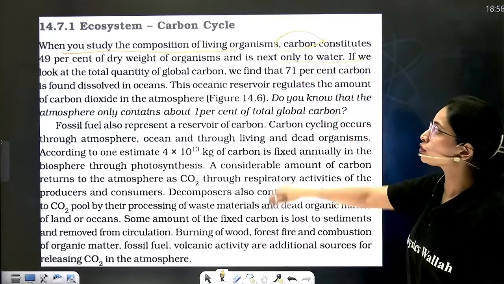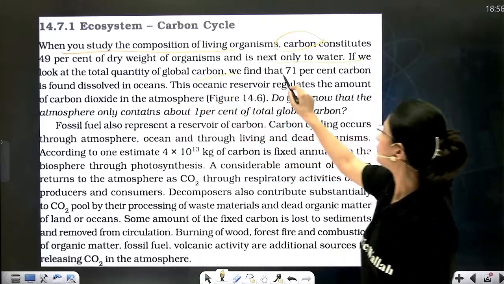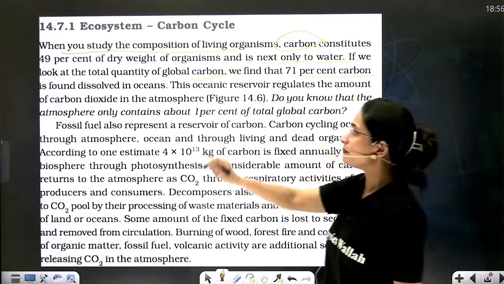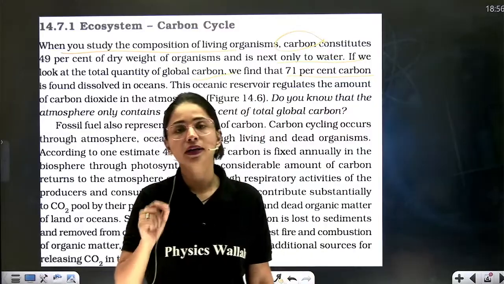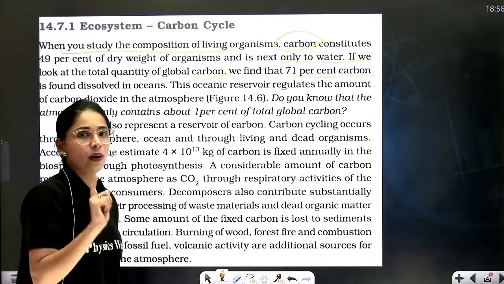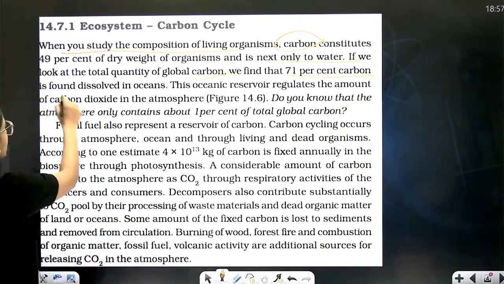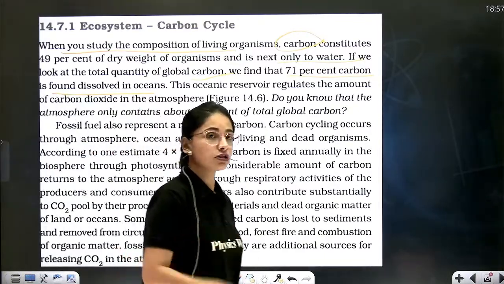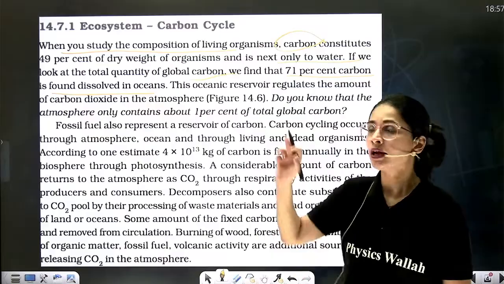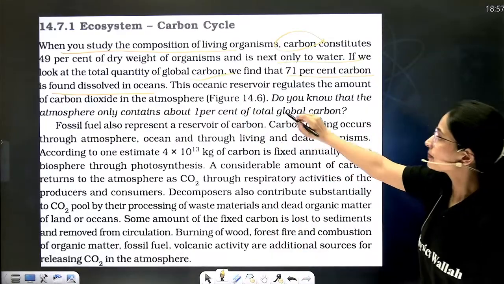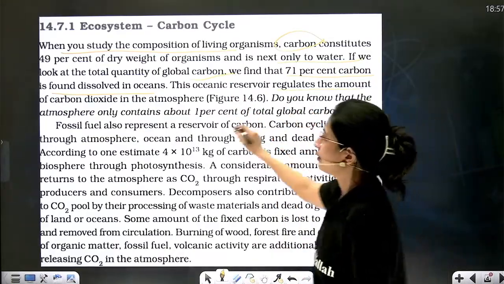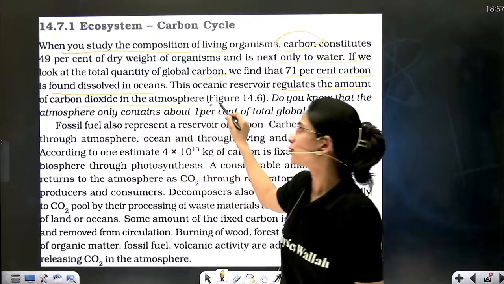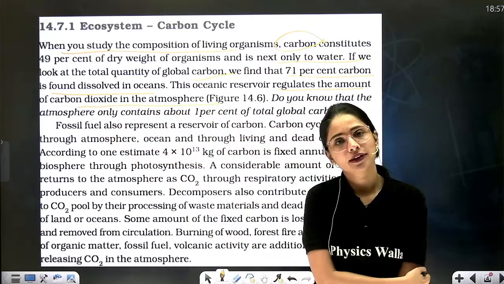If we look at the total quantity of global carbon, we find that 71% of the carbon is dissolved in oceans. Very, very important. So the major area where dissolved CO2 is present is in the ocean. Next, this oceanic reservoir regulates the amount of CO2 in the atmosphere.